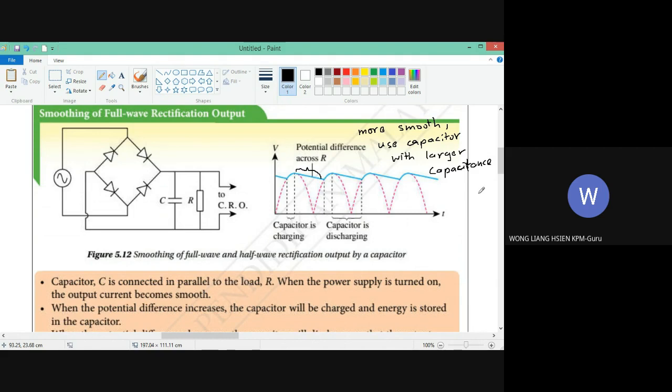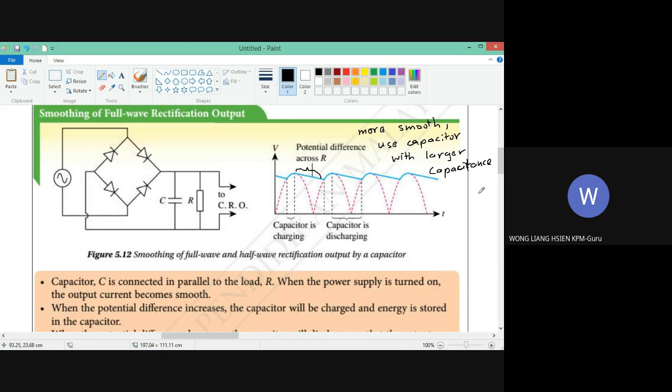the amount of charge will only go down a little bit. That means the potential difference of the capacitor only decreases a very small amount. So if the capacitance is big enough, then you will not even be able to see the voltage drop.